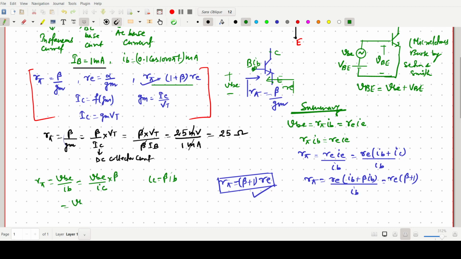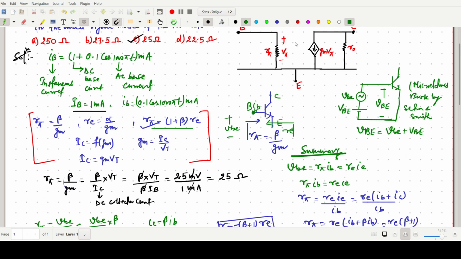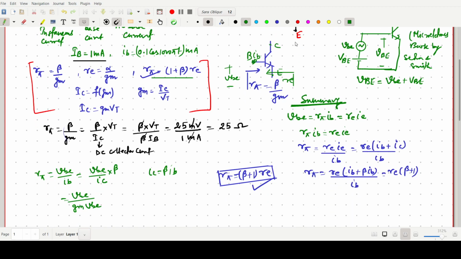In the small signal model, ic equals simply Gm times V pi. So this is the R pi value, beta by Gm, with Gm equal to IC by Vt.